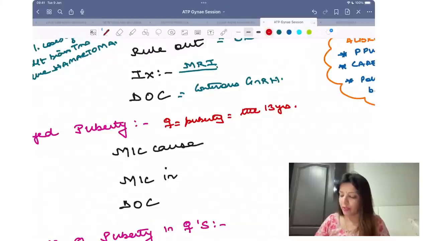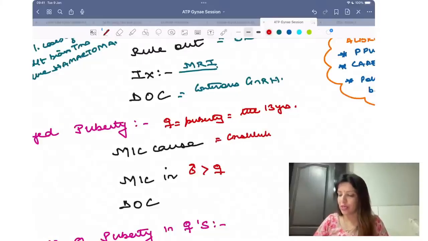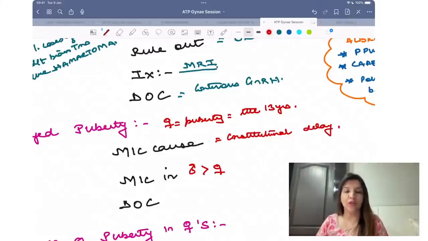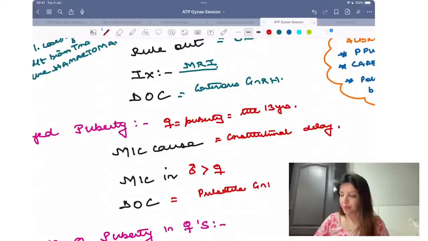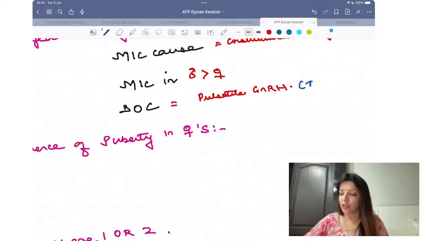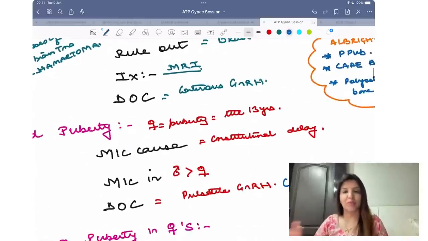Most common cause of delayed puberty is constitutional delay. And the drug of choice for delayed puberty is pulsatile GnRH. Always remember, whenever you give GnRH in a pulsatile manner, it is going to increase estrogen. Whenever you give GnRH in a continuous manner, it is going to decrease estrogen.